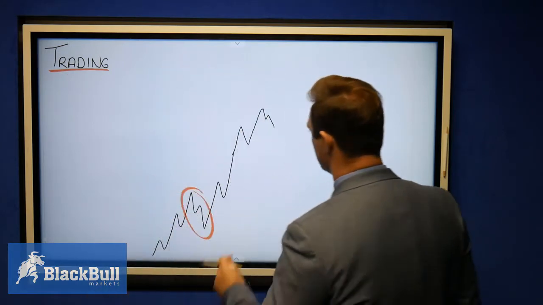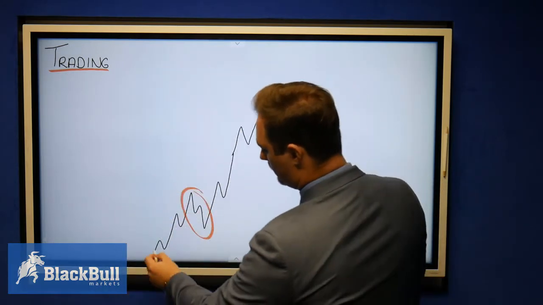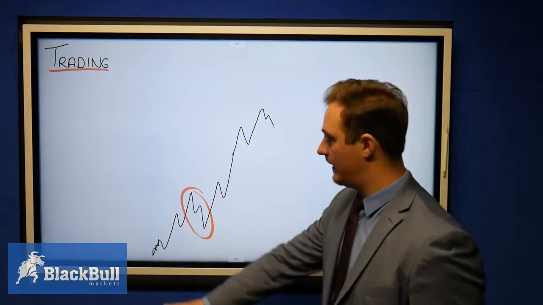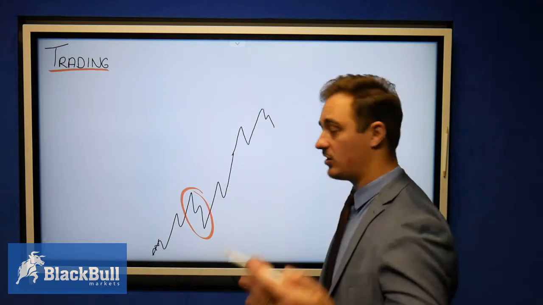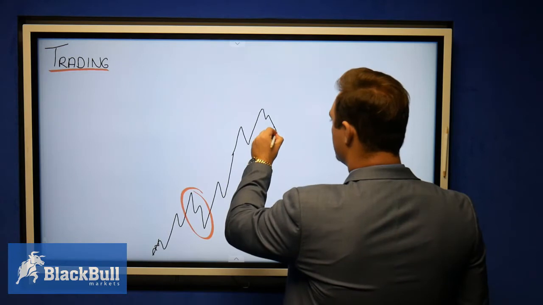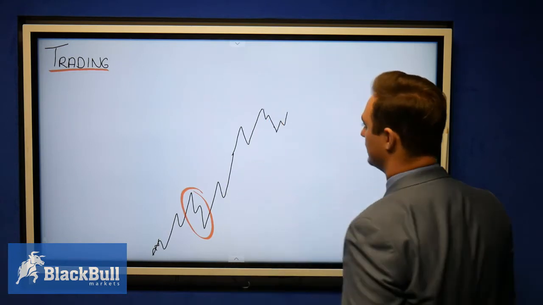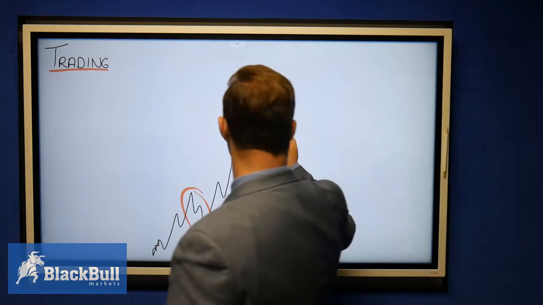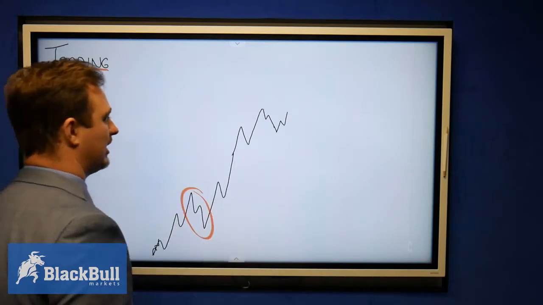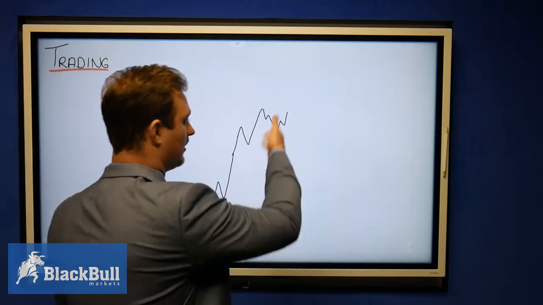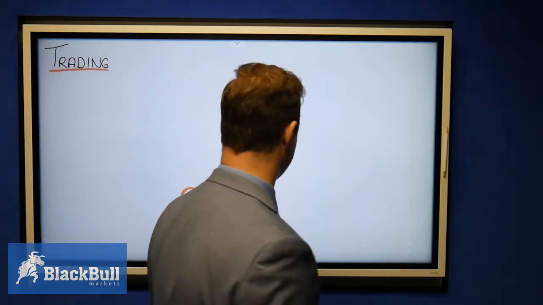Now we see a nice 3-wave structure to the downside. Like I mentioned, we always want to be looking for the internal waves as we go up to give us a better confirmation. But we see a 1, 2, 3, we see A, B, C back to the upside. We know this is most likely going to be a flat or a triangle, because we've got 3 to the downside, we've got 3 to the upside. Now we know it's going to be a sideways correction.